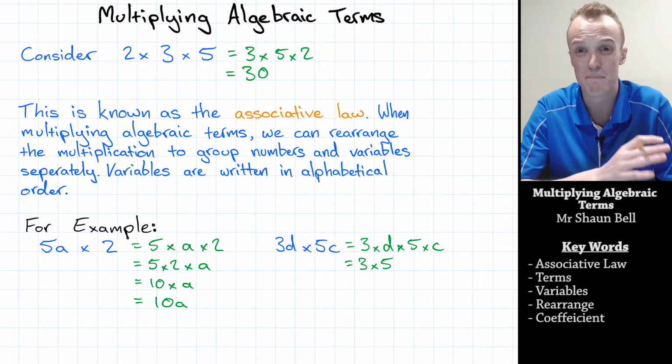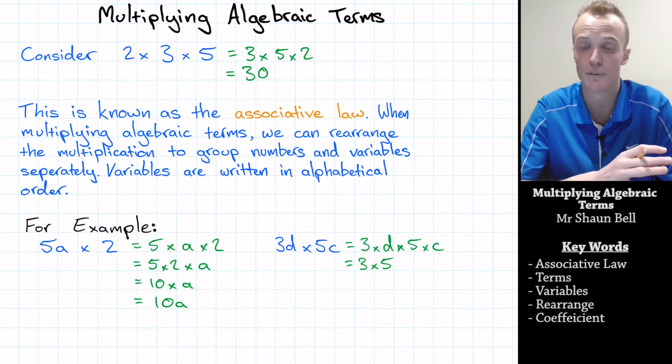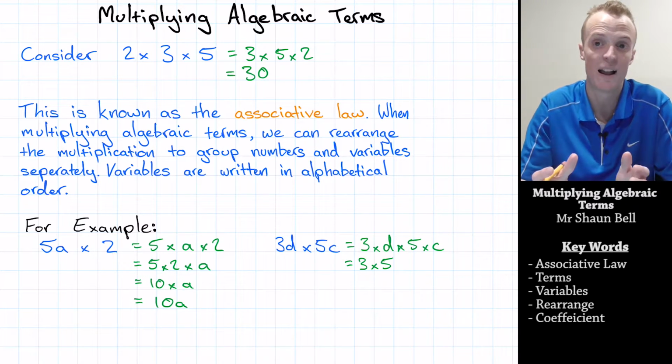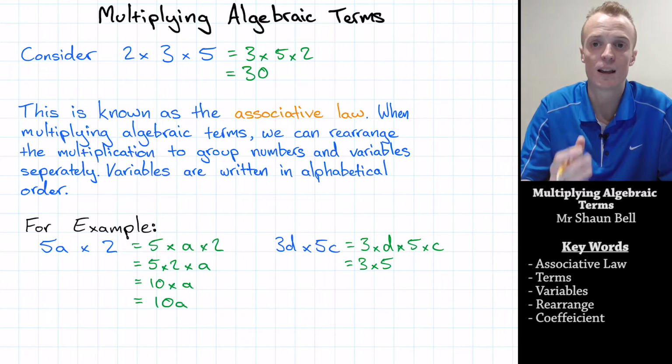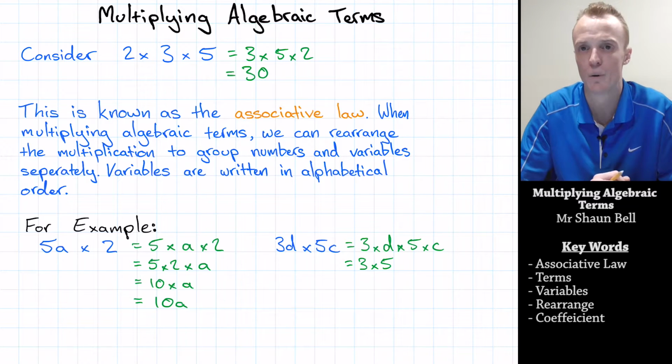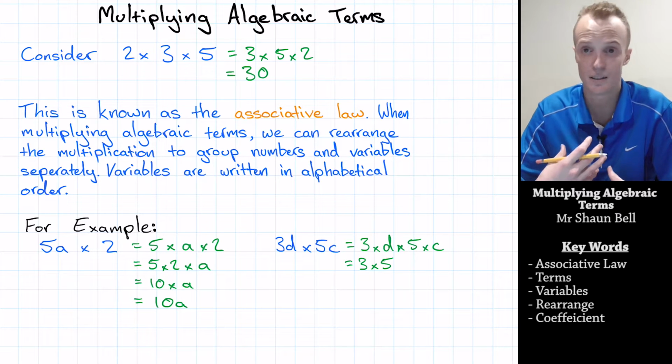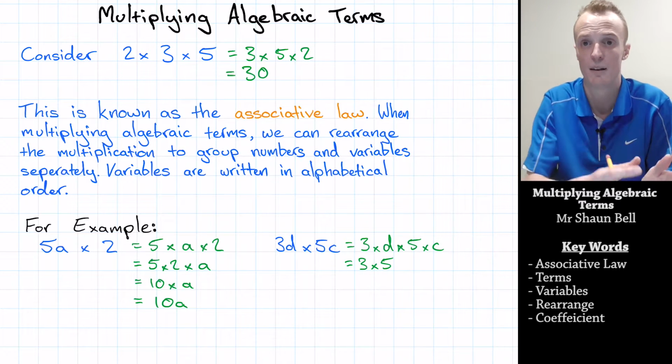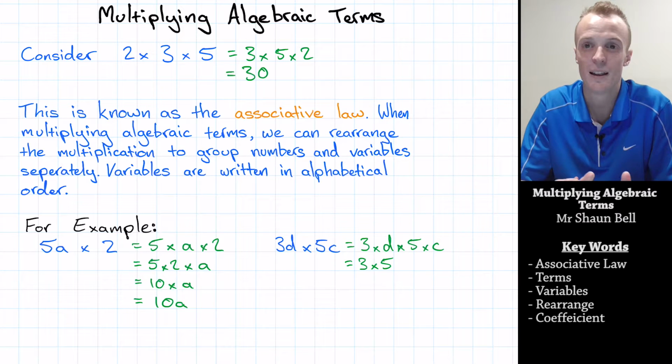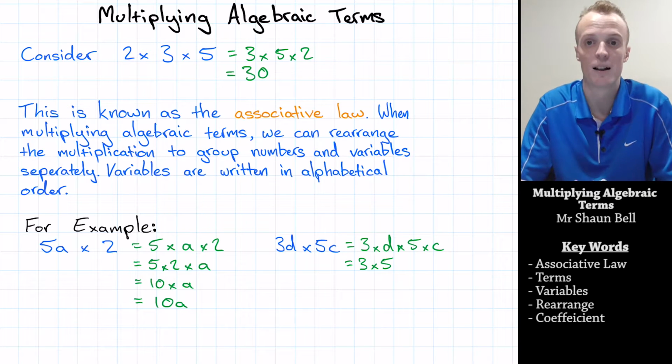Now, whilst mathematically it doesn't make any difference what order you write variables in, it is customary to write them in alphabetical order. It's a little bit like when I'm reading off of a page. It's customary for me to read from left to right. However, it could just as easily be made customary to write from right to left.